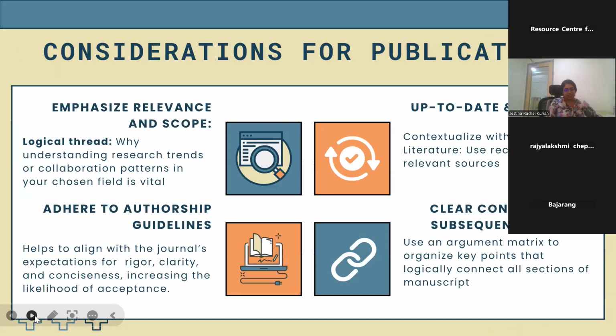Considerations for publication. So this is the final part of writing your manuscript. This is at the end of writing your manuscript, where you have to check that what you have written meets these criteria that I've given you here.